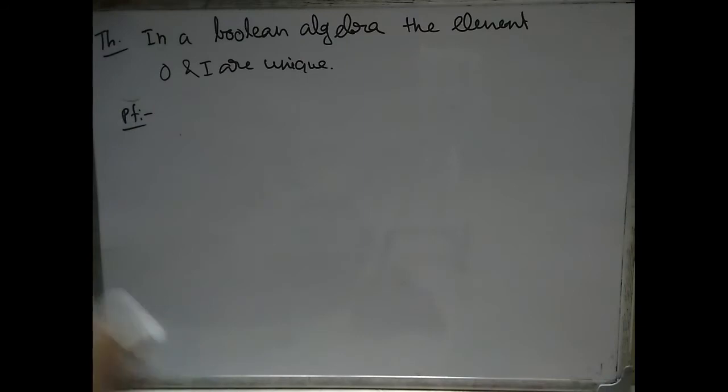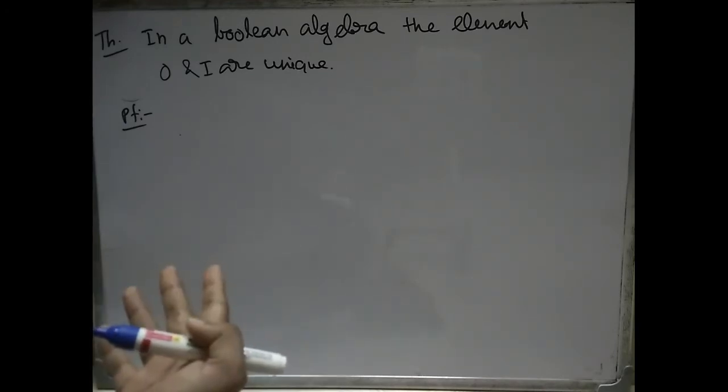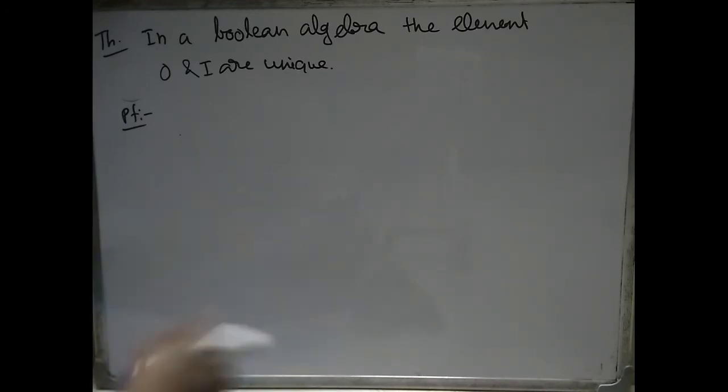To prove uniqueness of a certain element, we have to assume that there are two elements, that is, two zeros satisfying the property 0 plus a is equal to a for all a belonging to B, and then we will show that these two zeros are actually equal.